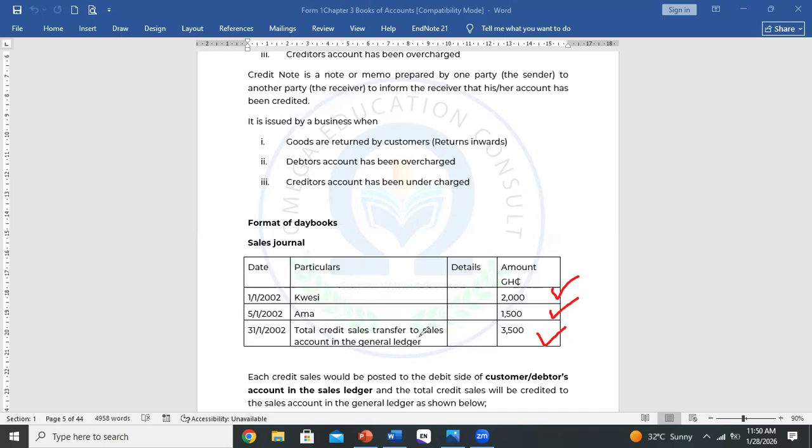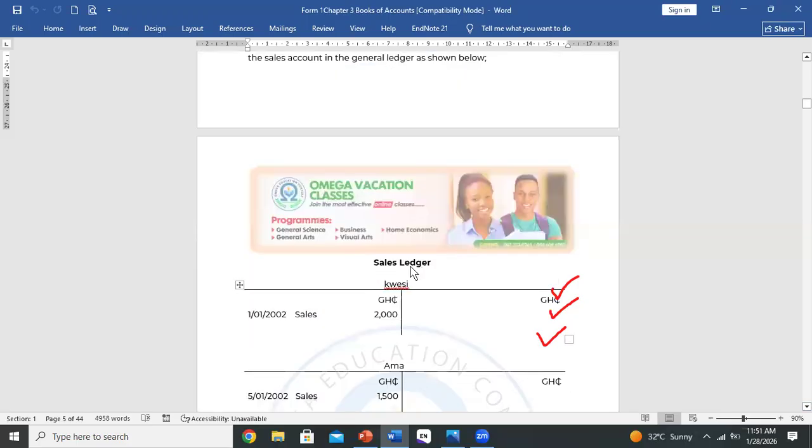So let's scroll down and see how it is done. First of all, let's pick Kwesi. So we'll go into the sales ledger, which is the ledger for the debtors, and then we'll open Kwesi's account like this. In your exercise book, you just indicate sales ledger, and then you open the account for who?